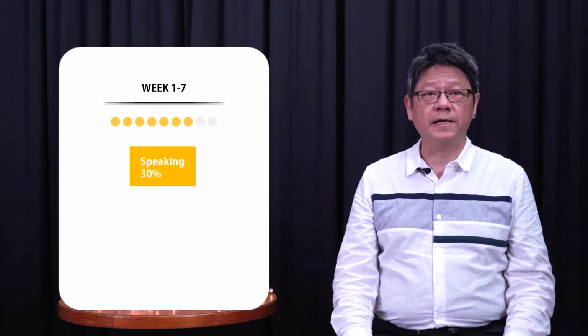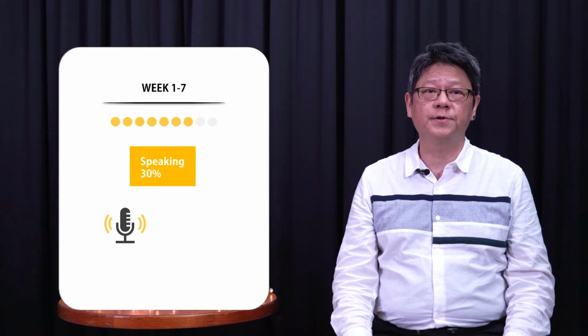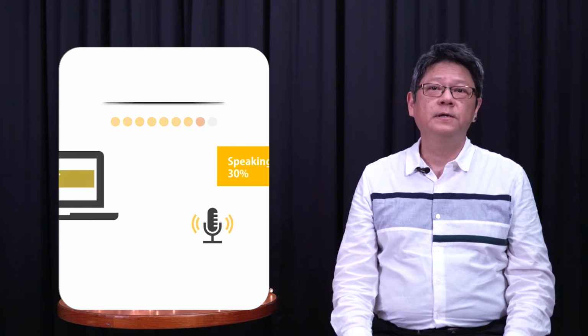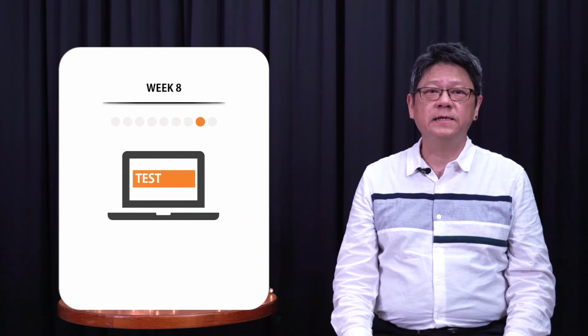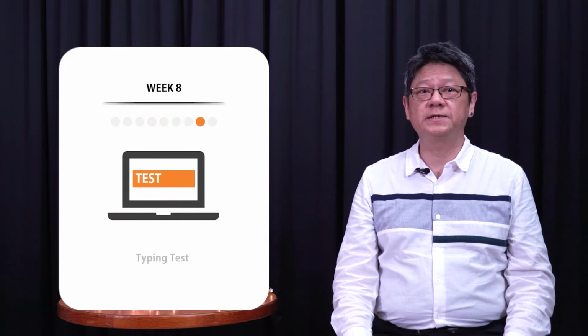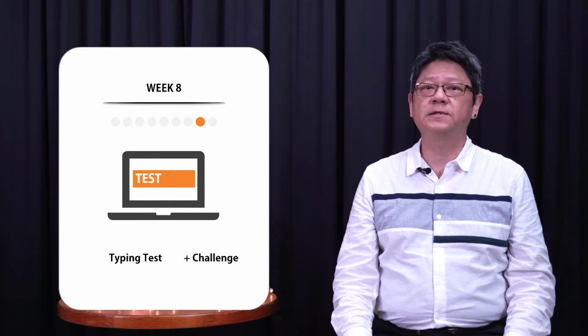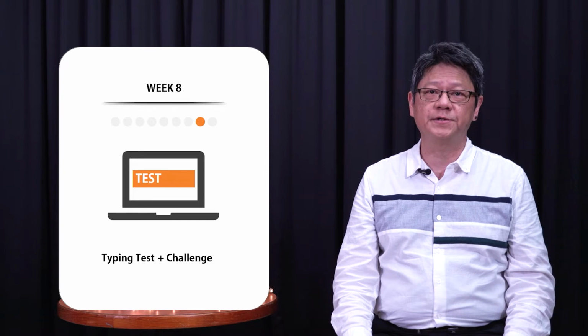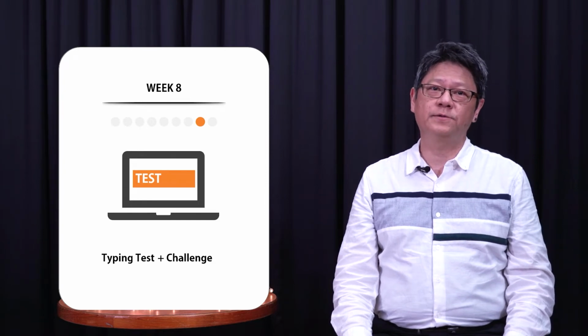For the speaking test, you have to record your answer and upload it. The test for week 8 is unique, which is a typing test plus a challenging but interesting test of Chinese characters. You will find out when you get there.